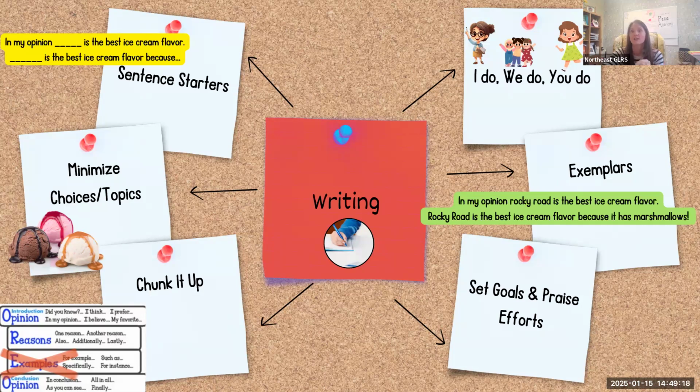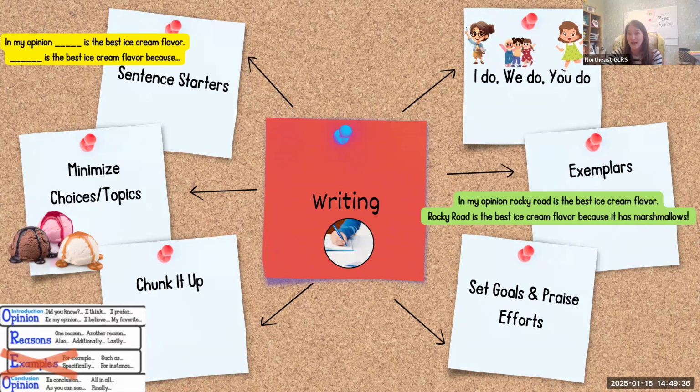We're looking at that motivation. We're looking at those efforts that they are presenting to us. So we're going to support them and help them to set those goals, and as soon as we see them working, we're going to praise those efforts.